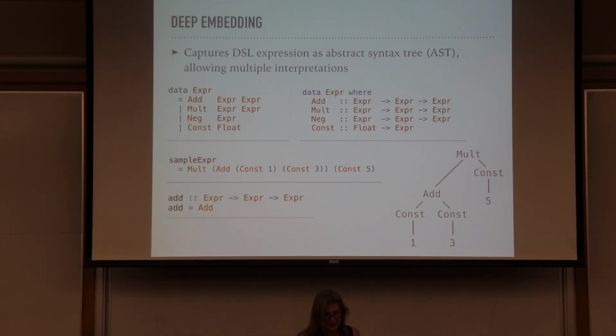In practice, in most deeply embedded languages, people don't expose the constructors. Just a quick side note: in Haskell, type names, not variables, but type names, and constructor names always start with an uppercase letter, and functions and regular variables with lowercase.